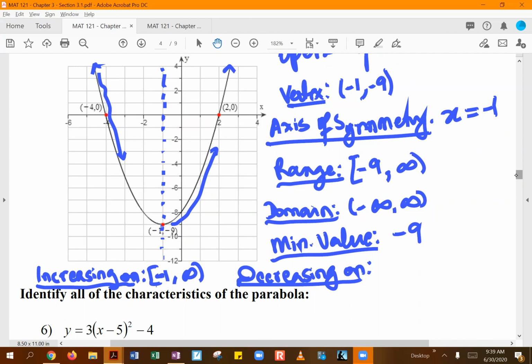So the idea is it's coming from -infinity and it's going to keep decreasing till it basically reaches -1. There we go. So it's going to come from -infinity and stop right when it gets to our vertex. So this should be -1. And again, they want you to include it. So put brackets on these numbers. Infinity, of course, does not take any brackets on it.